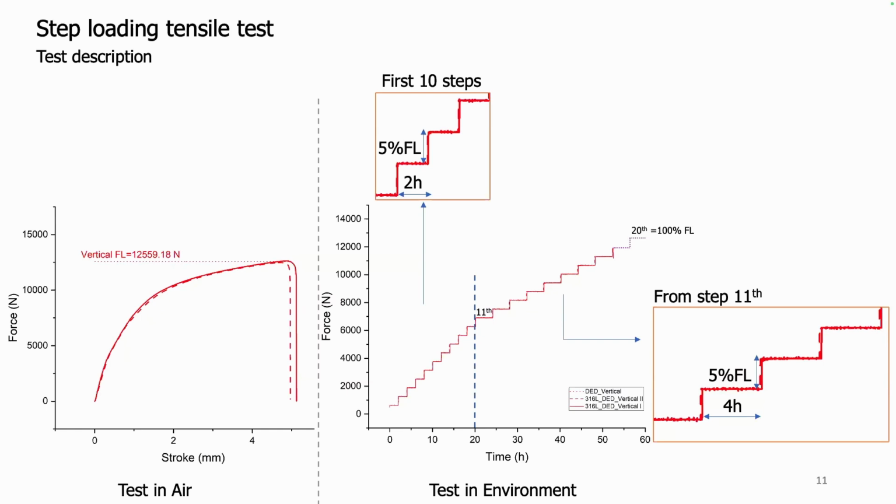The first 10 steps, that is the first 50% of the fracture load, are with a holding time of 2 hours. And then for the second half, just to allow a bit of diffusion, the holding time is 4 hours. There are two main reasons why we took this approach. One is that there's no effect of the strain rate, as was mentioned before.